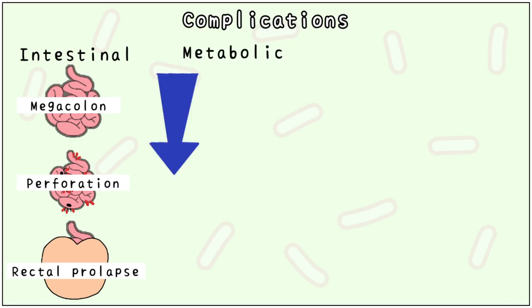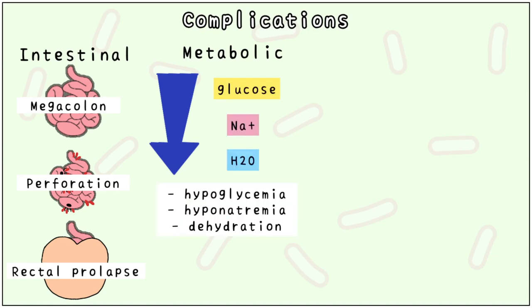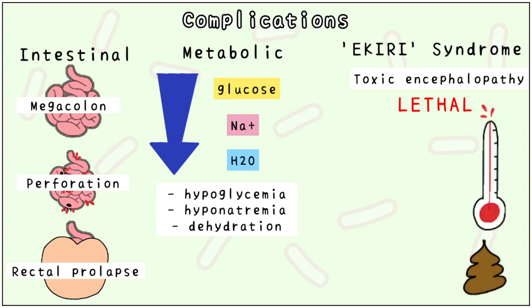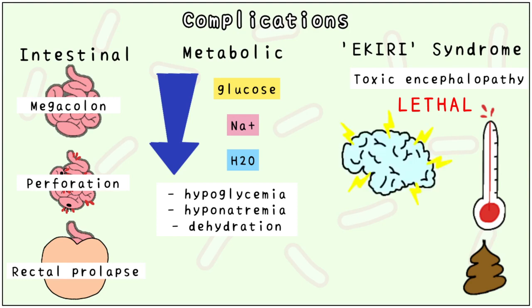Metabolic complications of Shigella are lowering of body levels of glucose, sodium, and water, called hypoglycemia, hyponatremia, and dehydration, respectively. A lethal complication of Shigella is Akiri syndrome. It is a form of toxic encephalopathy and is presented by dysentery, hyperpyrexia, seizures, headaches, and a loss of consciousness.